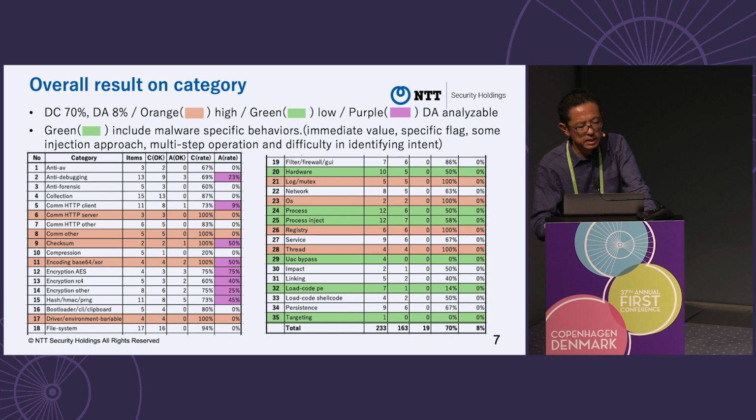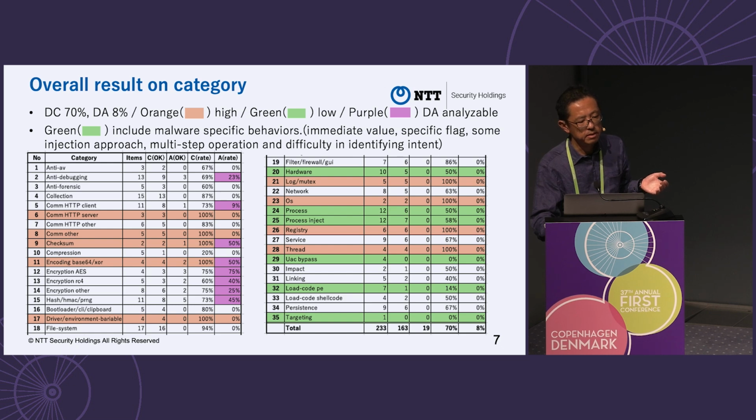Also, in each category, orange means a high percentage category. These behaviors are seen in normal applications as well as malware. The green means a low percentage category.